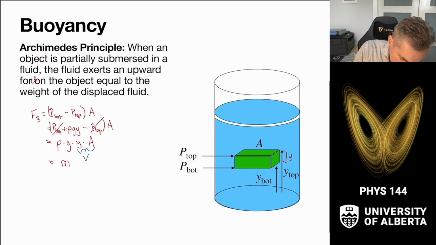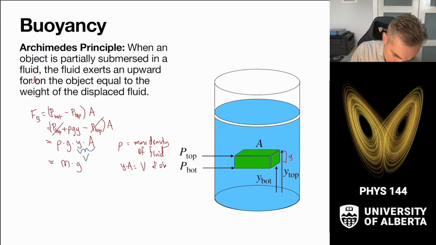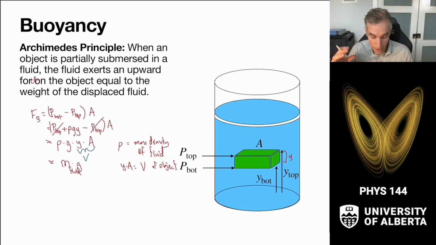So this is m times g. This is the mass of the fluid that is displaced, or pushed away from there.